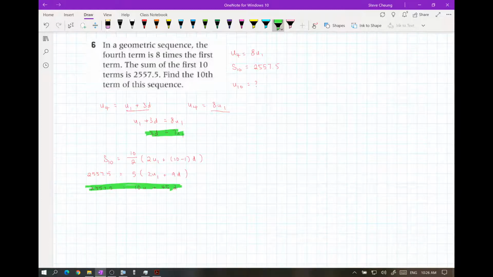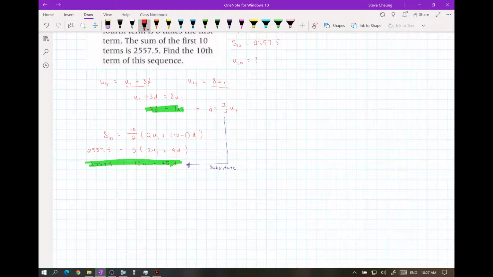So what I'm actually dealing with is simultaneous equations. In this form, because we can easily isolate one of the variables, I would just go ahead and write d equals 7 over 3 u1. And then I'm going to take this and substitute this over there. So this gives us the following.